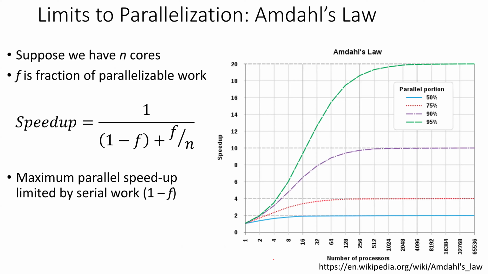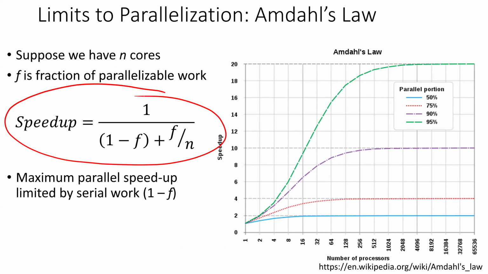Amdahl's law is a famous law that says how much faster you can get with parallelism. You can derive it pretty easily. But what it basically says is, let's say I took a program where half the work is serial and half I could make parallel. No matter how many processors I throw at that, I'll never get the whole program to run more than twice as fast. So I have to take that into consideration when I decide, is this worth doing?